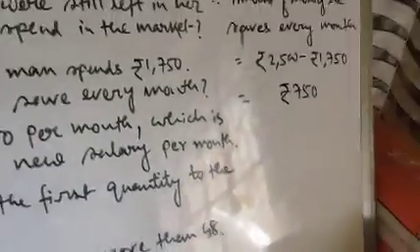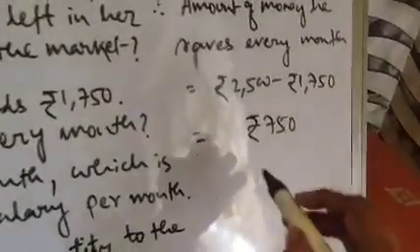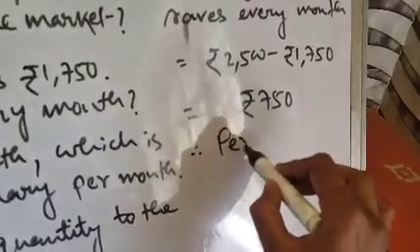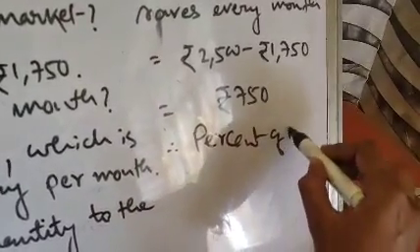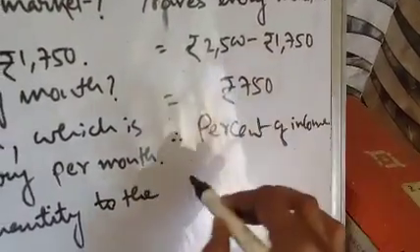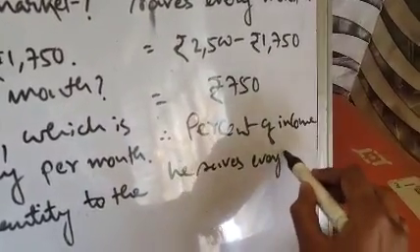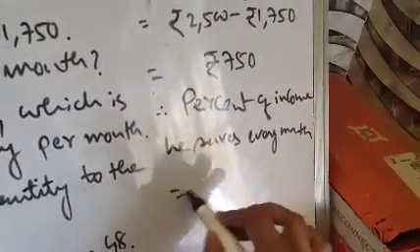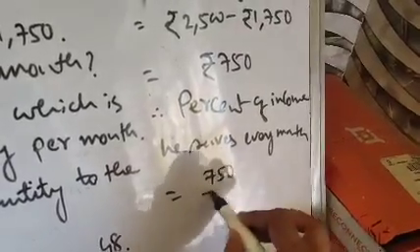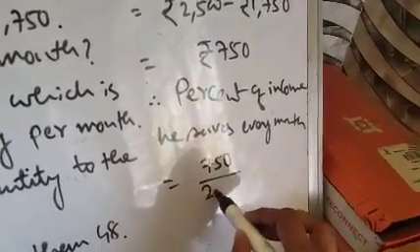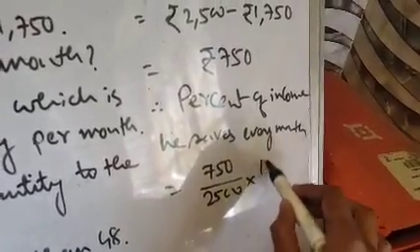Now we are finding the percent of his income he saves every month. Therefore percent of income he saves every month will be 750 he saves per month, out of his total income of 2500.